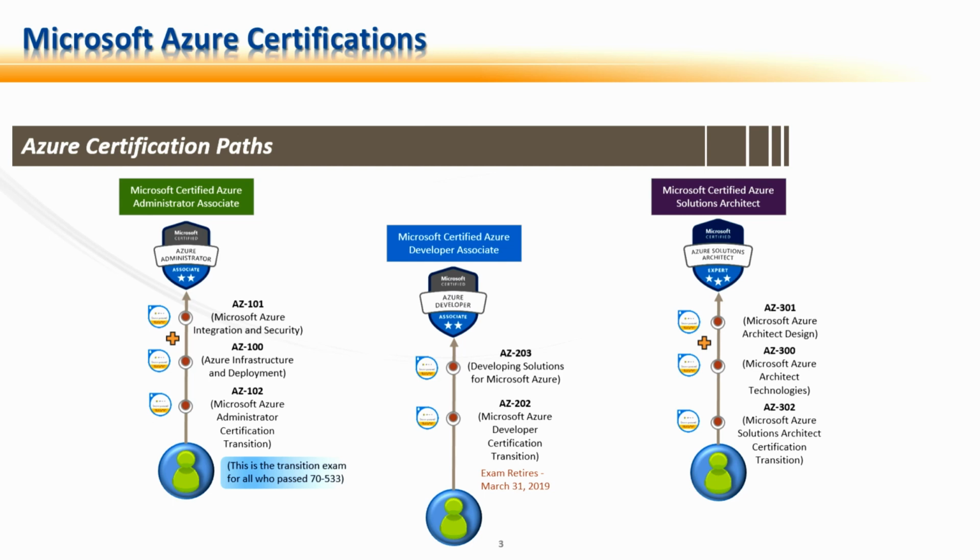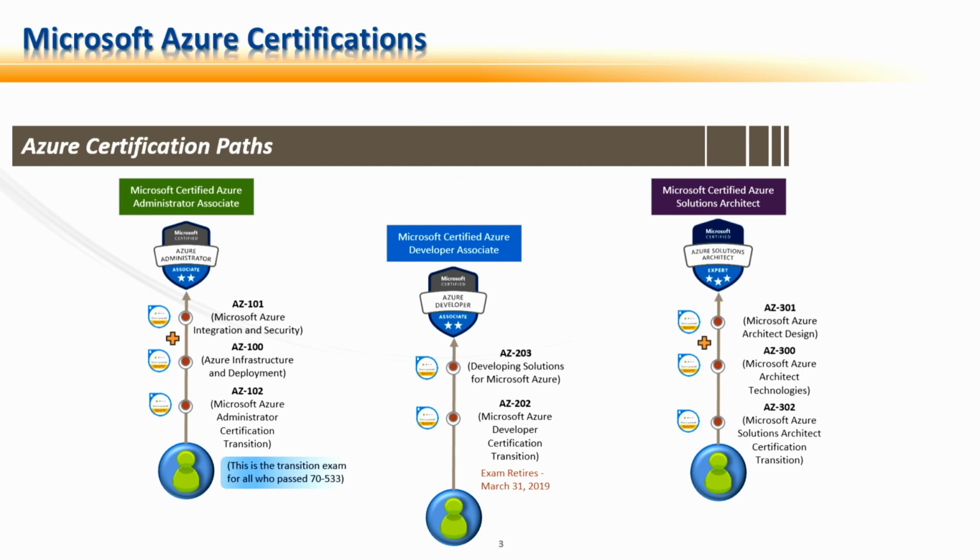For others who already have cleared and got the 7533 certification, there also is a transition certification, and that is AZ-102. People who have already passed 7533 need to get this certification as well to continue with the certification.